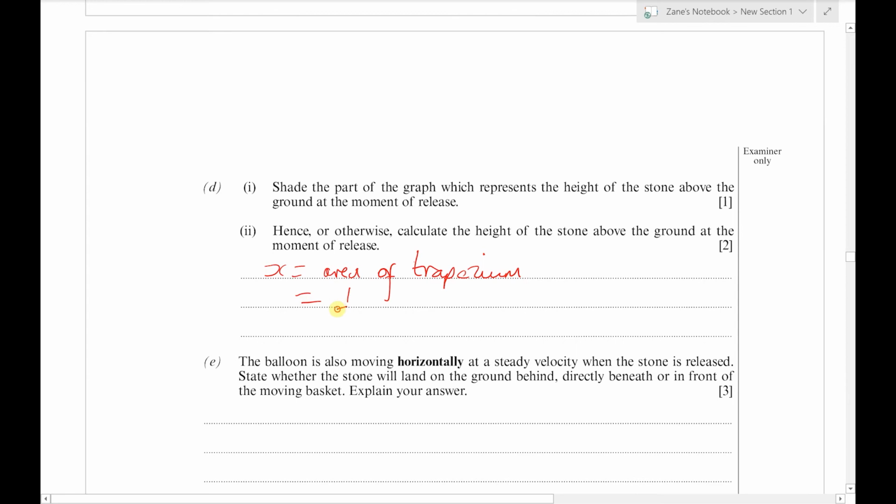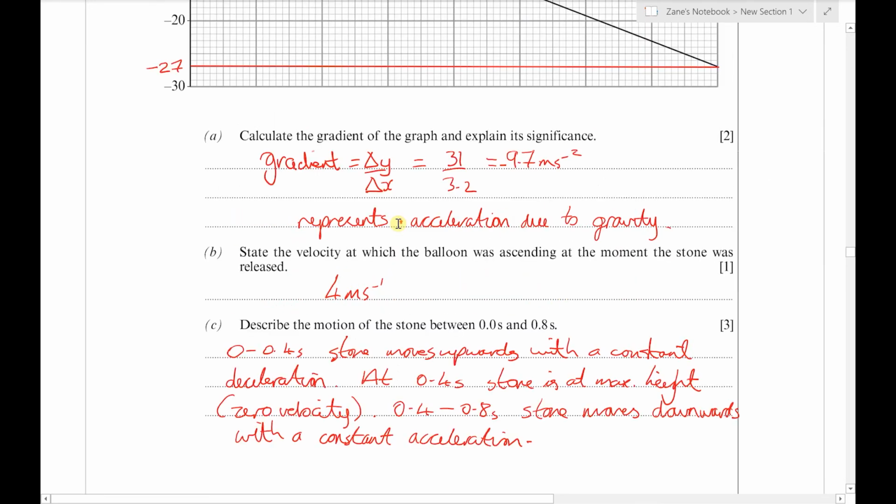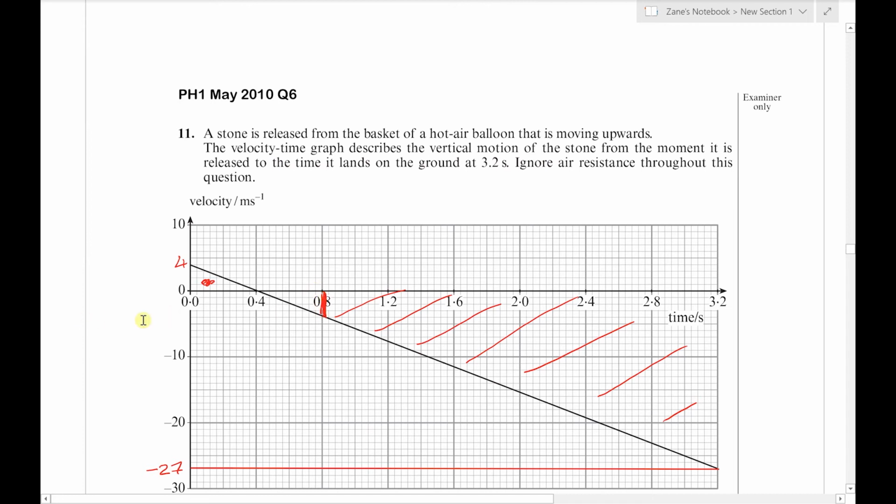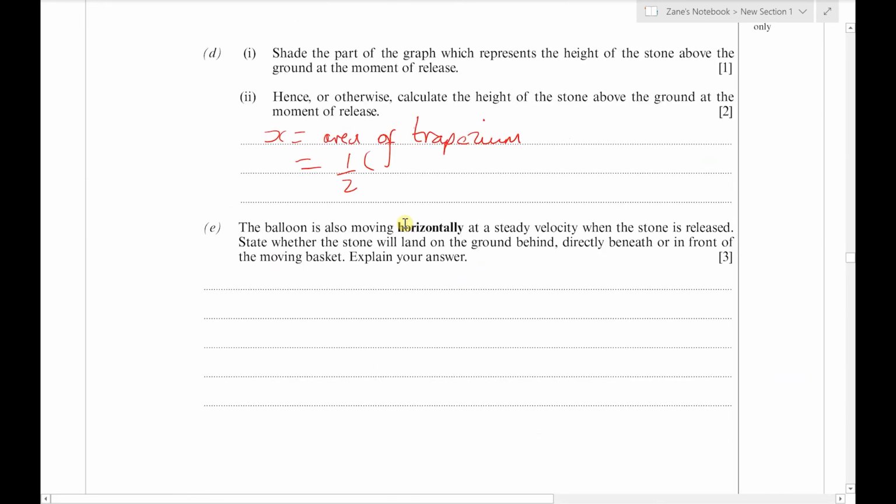The area of the trapezium is half of the sum of the parallel sides. This side has a height of 4, if we just read across here, and the other side has a height of minus 27. We can ignore the minus signs for simplicity.